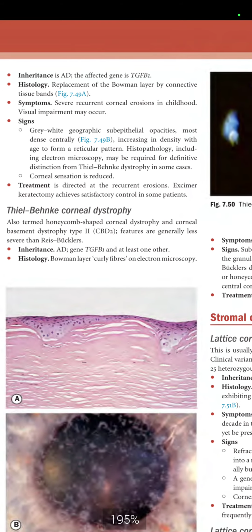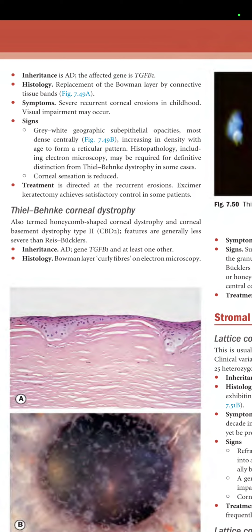Inheritance is autosomal dominant. The affected gene is TGFBI. So the affected gene is TGFBI. This is very important and you have to remember this. Replacement of the Bowman's layer by a connective tissue band. So what is the problem going on here? The Bowman's layer will be replaced by a connective tissue band. Symptoms are severe recurrent corneal erosion in childhood.